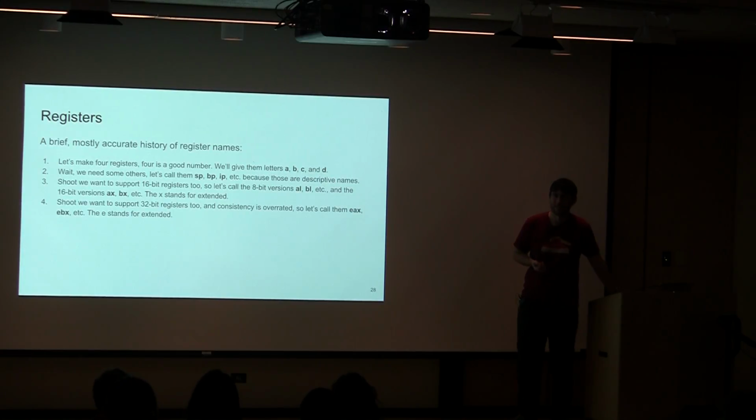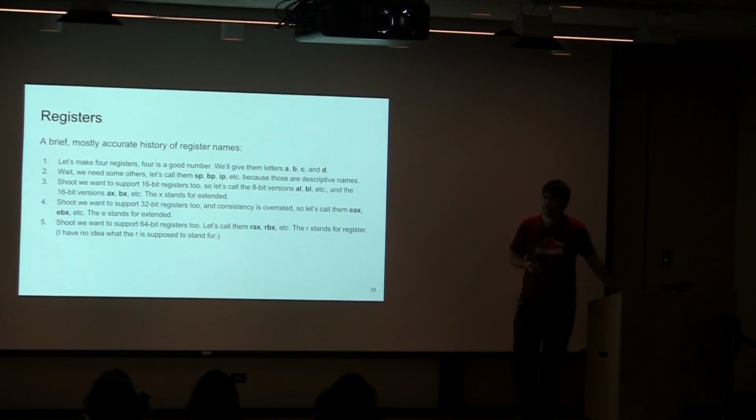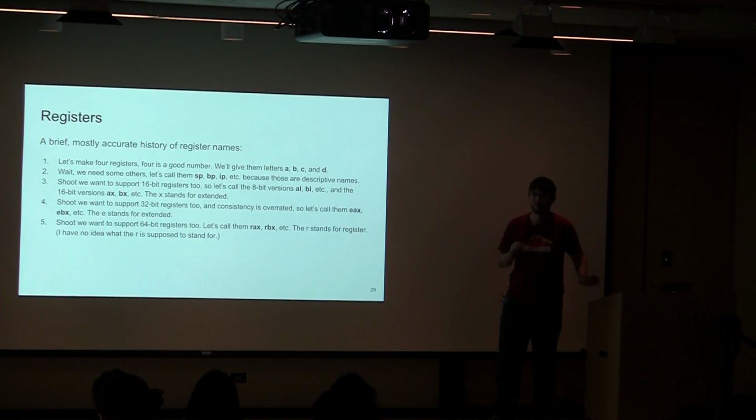Then we had to do that again when 32-bit CPUs came out, and again when 64-bit CPUs came out. So now we have lots of different names for the different sizes of registers. For example, EAX is the lower 32 bits of the 64-bit RAX register on a myth machine, because myth is 64-bit.